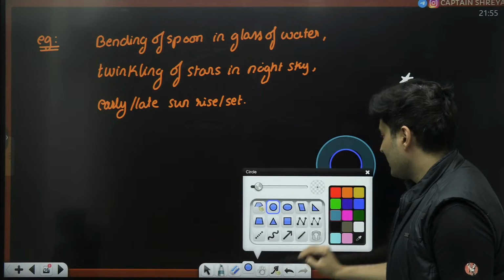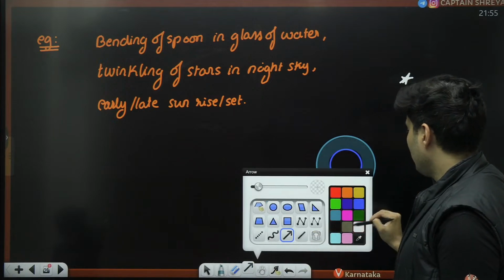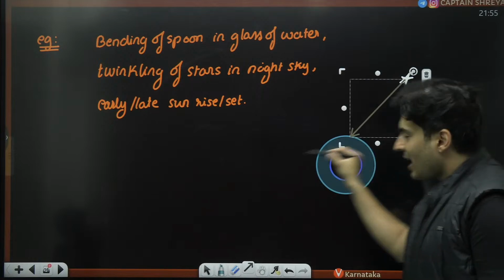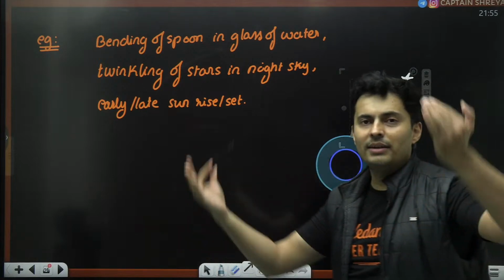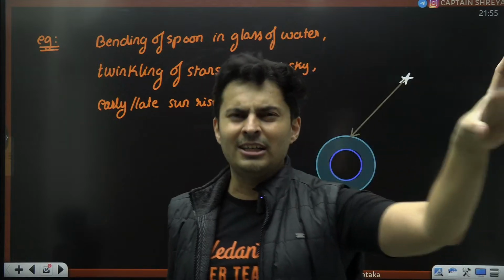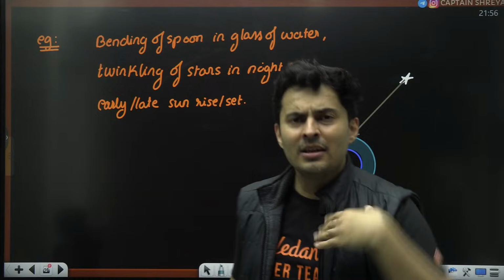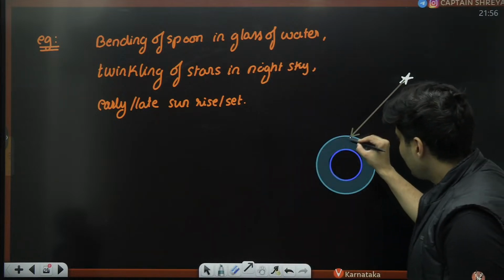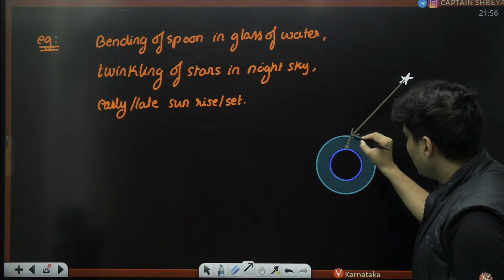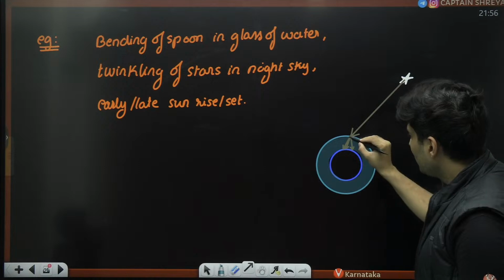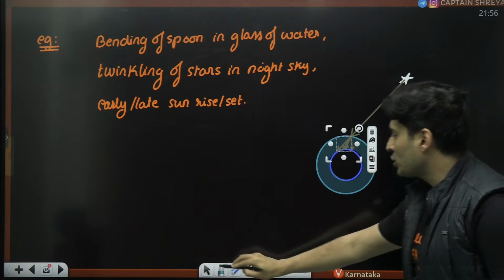So what happens is these light rays which come from those distant stars, because the air is constantly moving, hot wind is going up, cold wind is going there, some cyclone is there, breeze is there, somebody walks, something will change. So these rays will keep going like this. Once they go like that, then once they go here, then here.